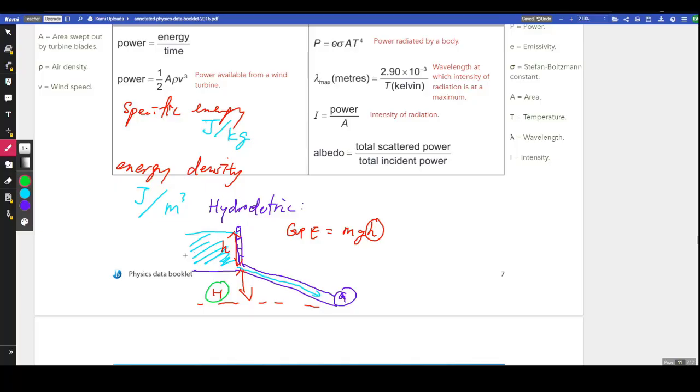Usually you have to think about it, and that is half of the water height. You can treat this as the center of mass, and so you also have the small h over 2 to add up when you calculate the GPE.